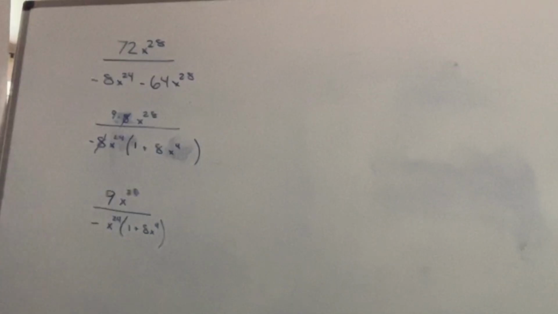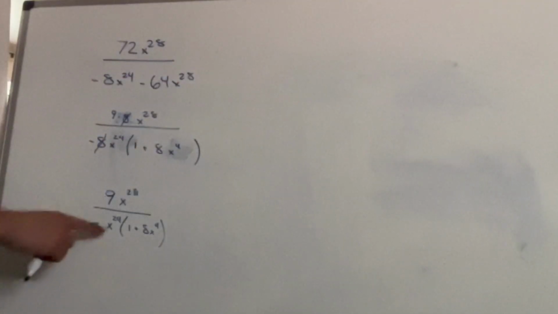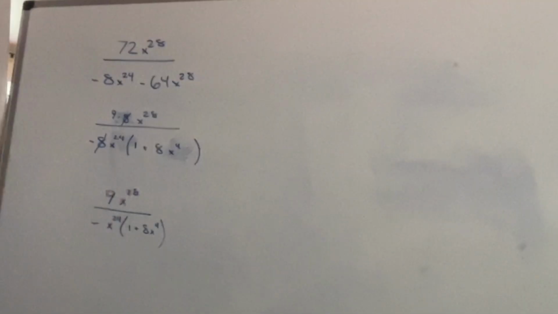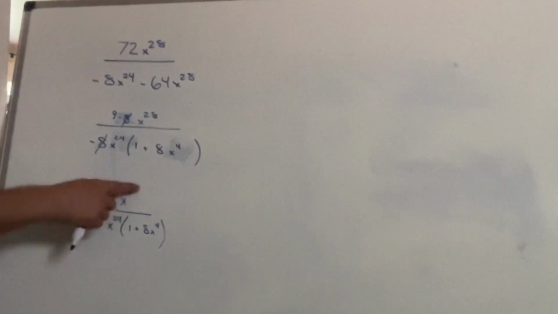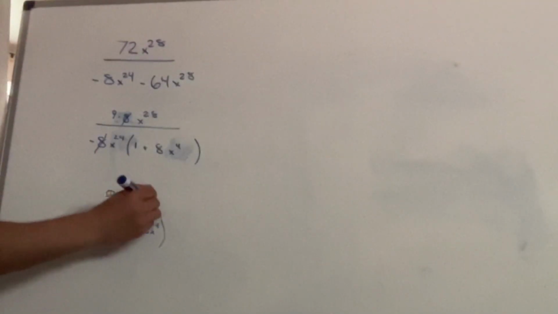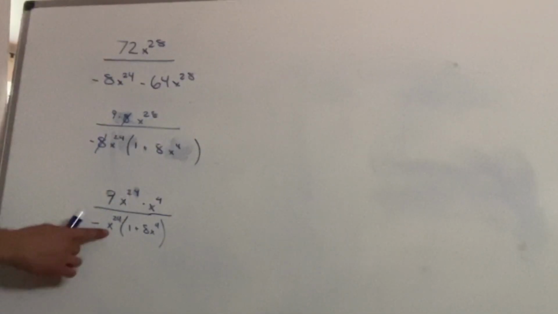Alright. And then same thing we did here for the 28. There's an x to the 24 here. We know x to the 28 is x to the 24 times x to the 4th. Right? So now this applies to everything on the bottom.